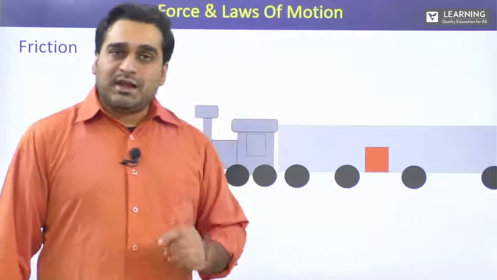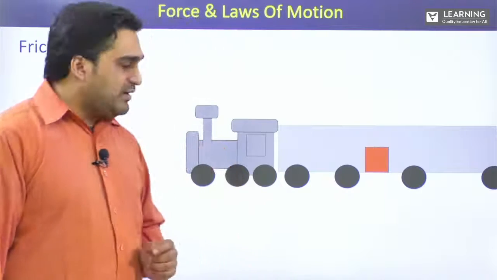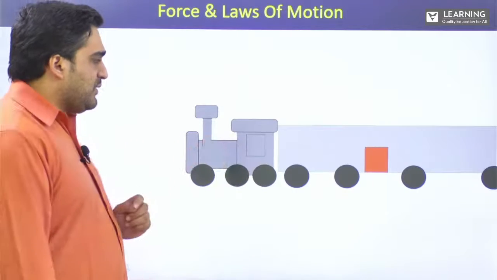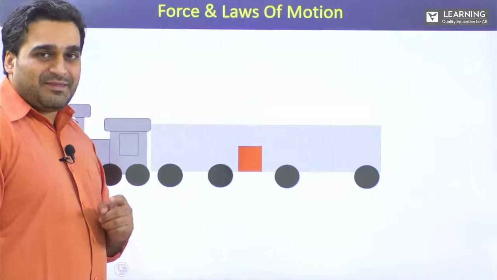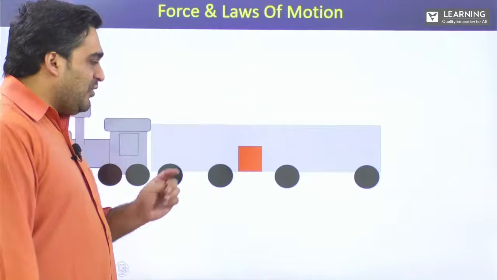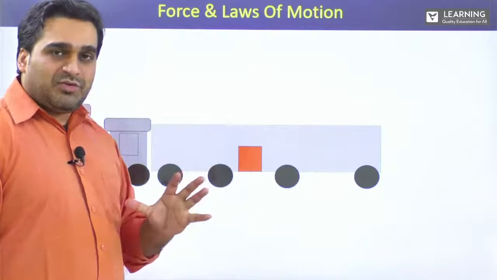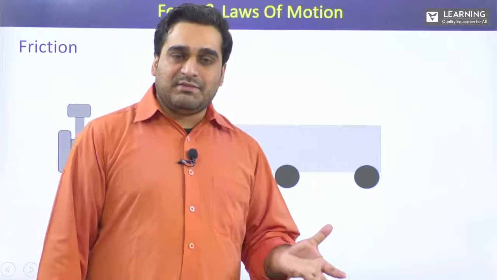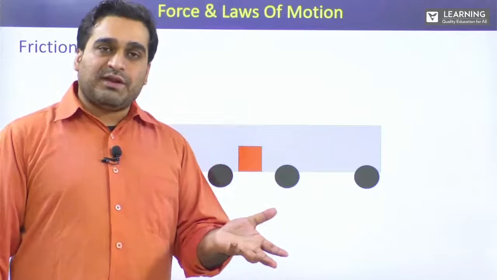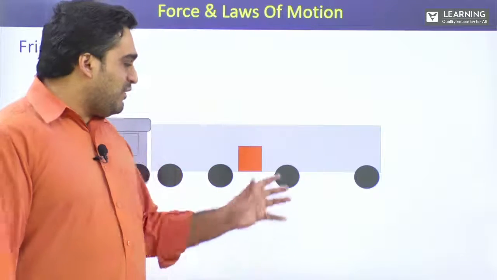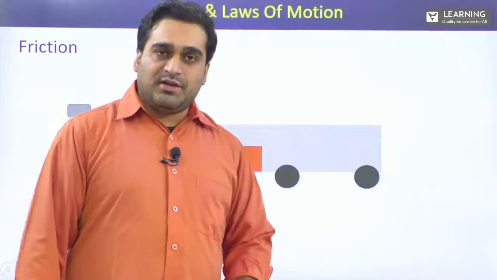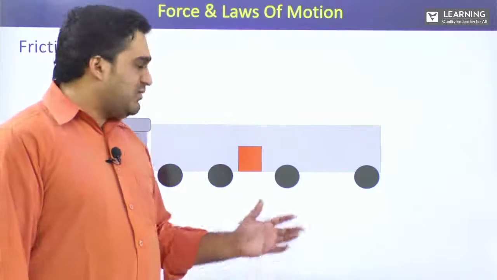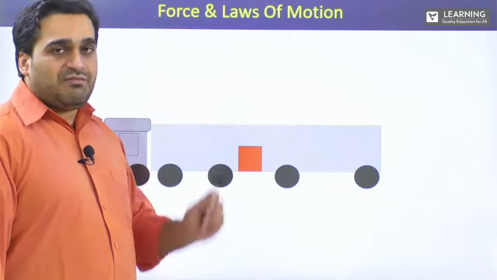But for an observer from outside, you will see the box moving with the train. I hope you remember this is what we call a frame of reference. It depends on the observer. For an observer inside the train, the box remains at rest. For an observer outside the train, the box is in motion.